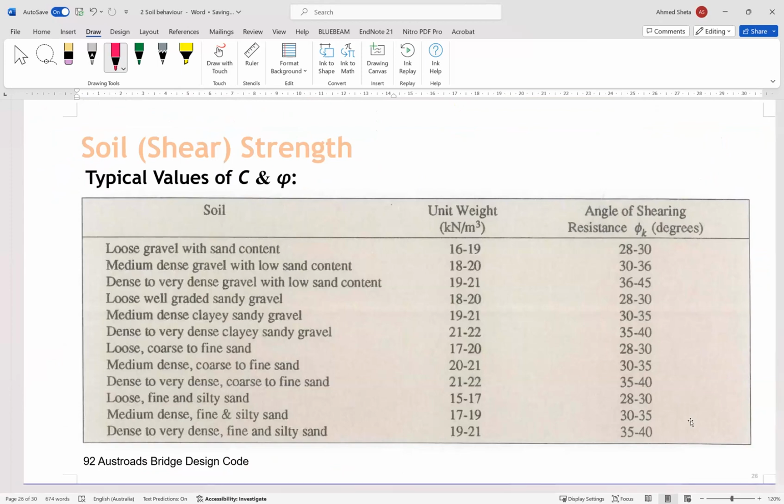Okay, if we look at this table, it gives us some values of the C and phi parameters. C is cohesion and phi is friction angle. In this table we have the angle of shearing resistance, or phi. For loose gravel with sand content, we will have an angle between 28 to 30 degrees.